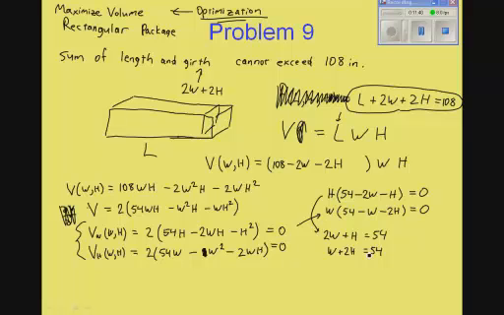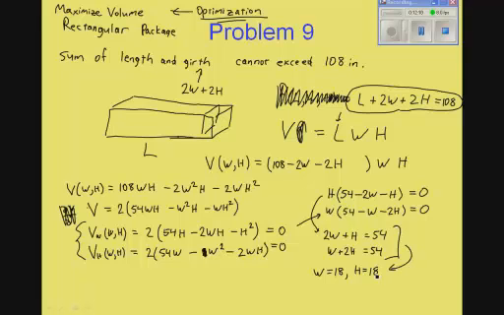When it's all said and done, let's see if I can do that quickly in my head. I basically have 3 of the same thing. I think I get 27 for W. No, that's not right. I think I get W equals 18, H equals 18 after a little bit of work.